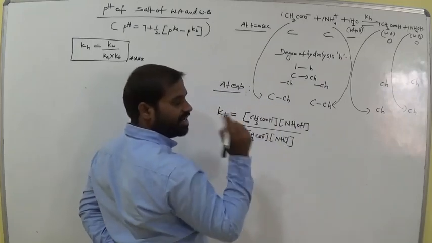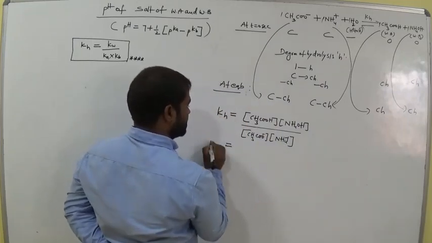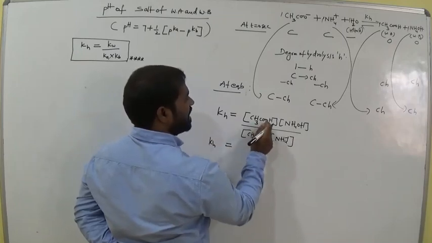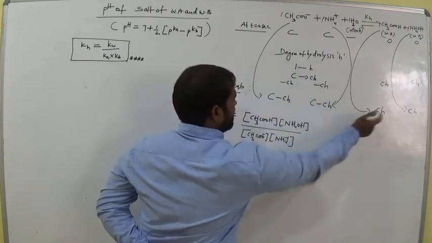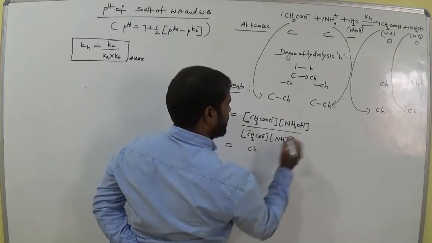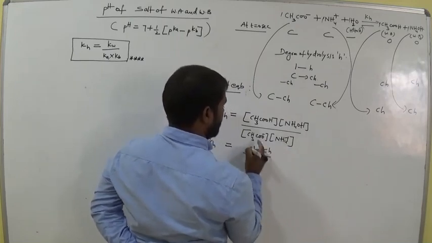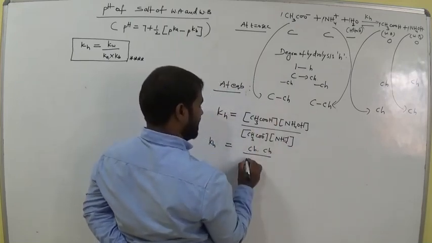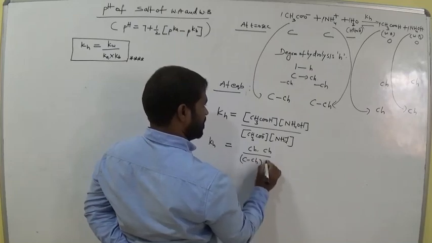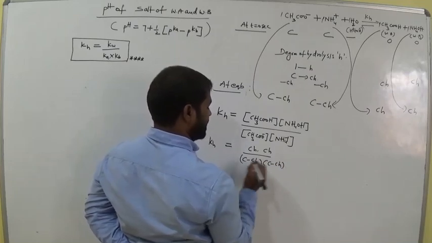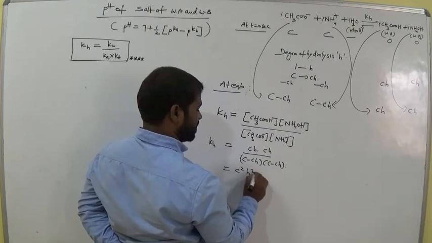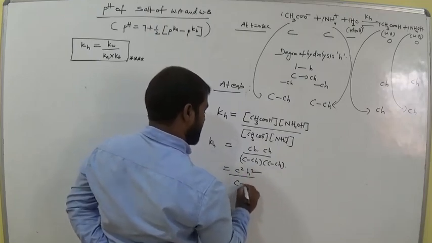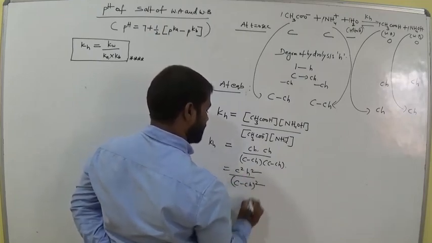For H2O it is 1. Now keep these values in the above expression. What is the acetic acid value at equilibrium? ch. For ammonium hydroxide it is ch. What about the acetate ion? c minus ch. And here? c minus ch. Am I right? Now c square h square, over c minus ch whole square.